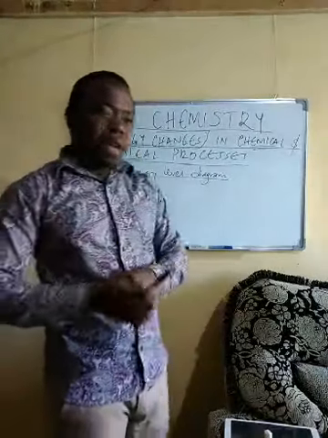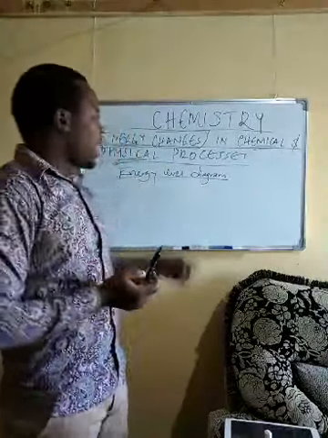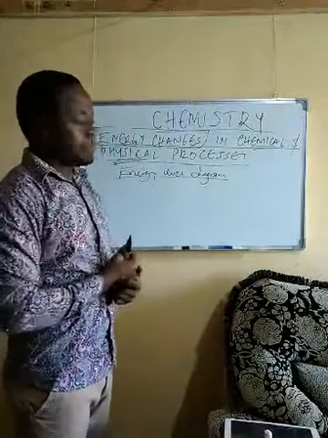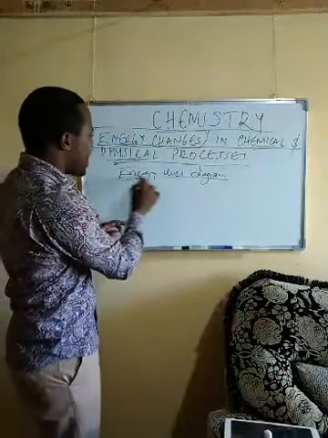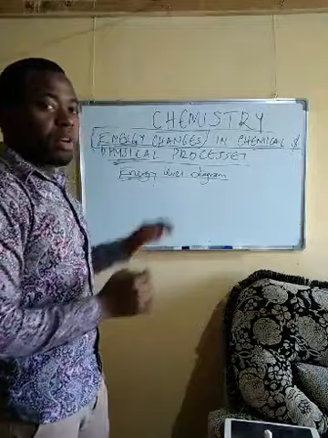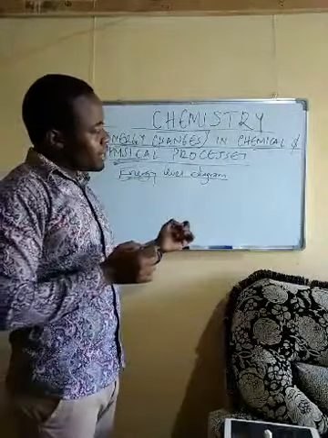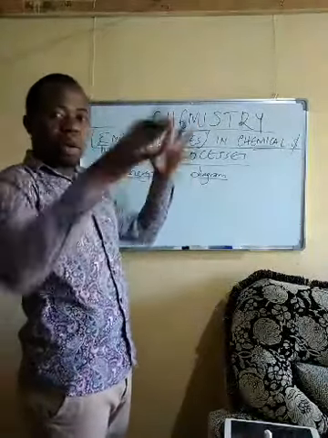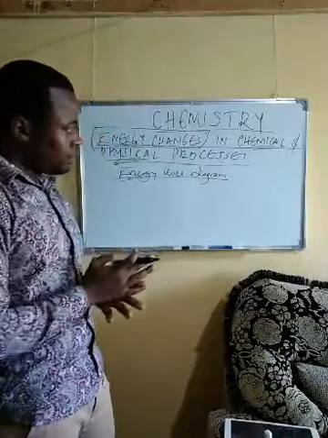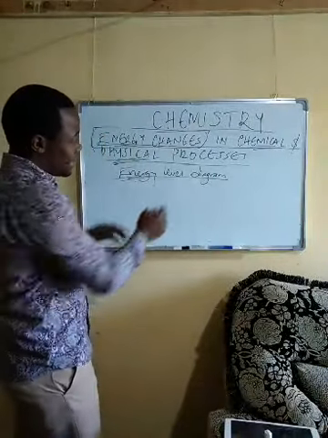An energy level diagram is a graphical representation of what happens to the energy or the enthalpy of products and reactants within the course of a reaction. This is what I'm saying.